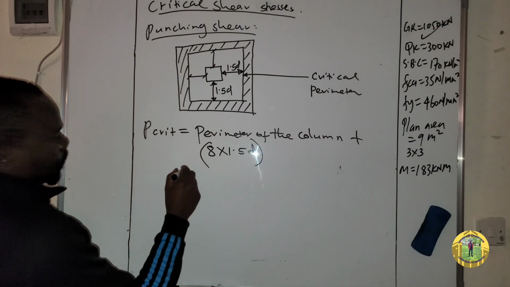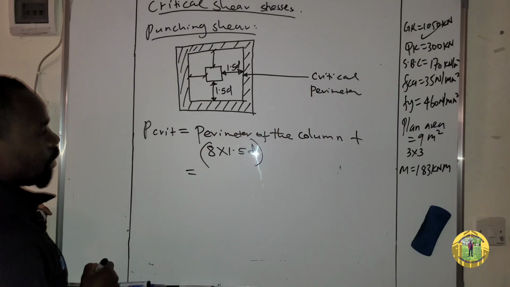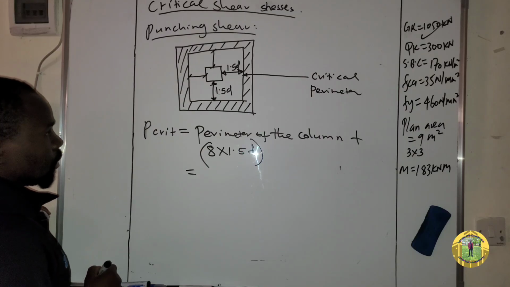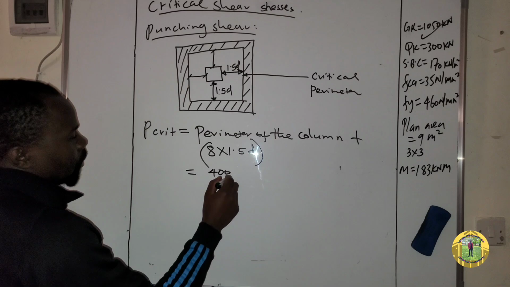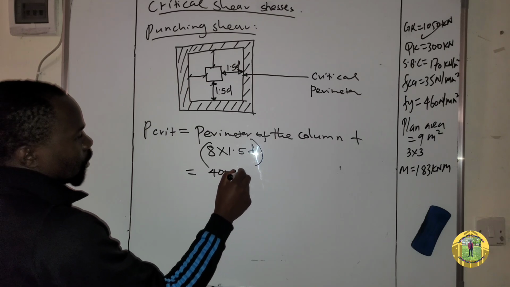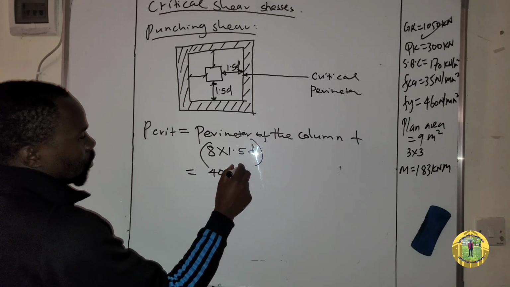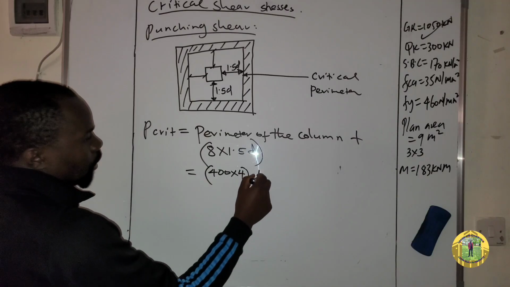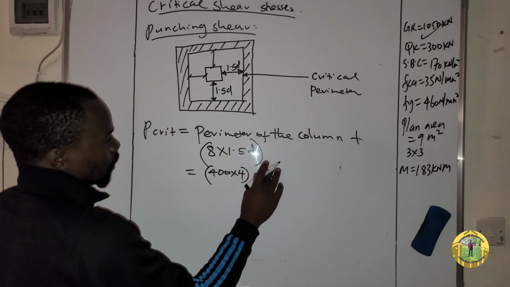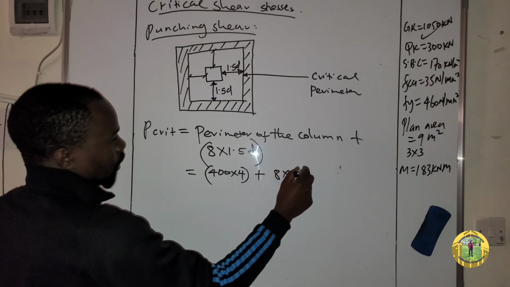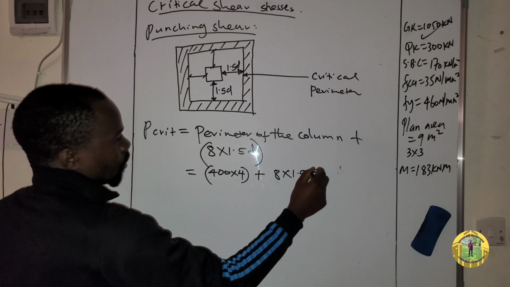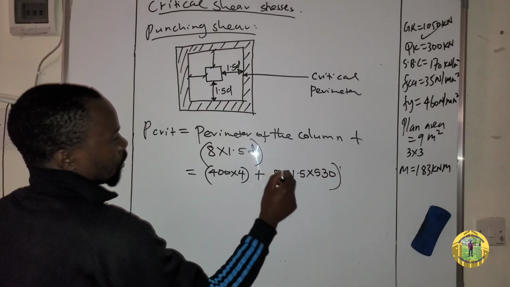So perimeter of the column, remember our dimension of the column was 400 by 400 square. So perimeter of the column is 400 times 4 plus 8 times 1.5 times 530.